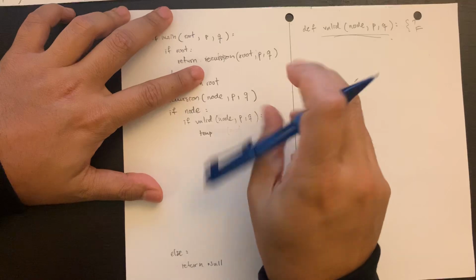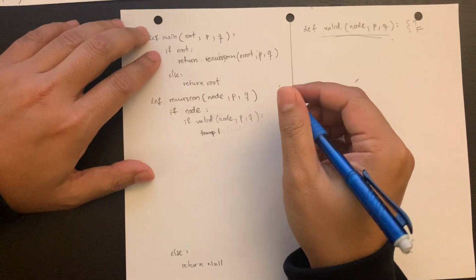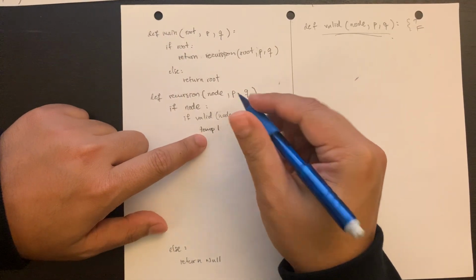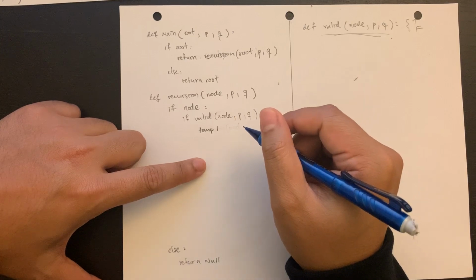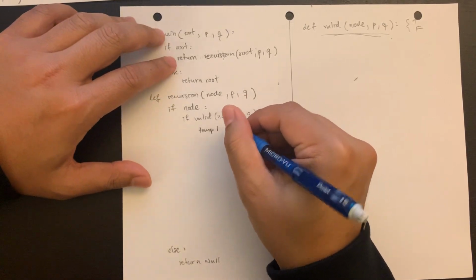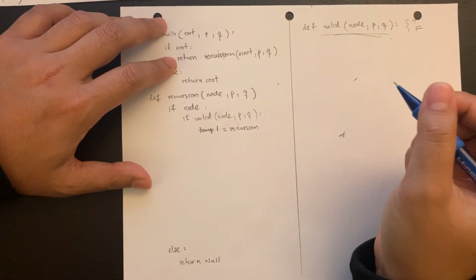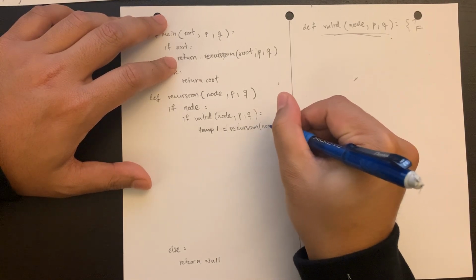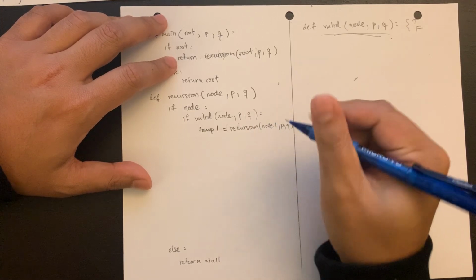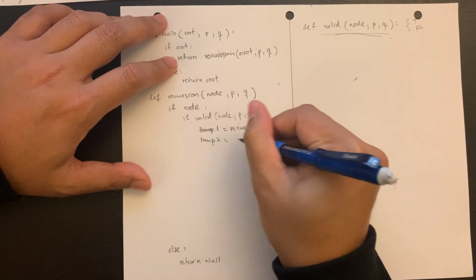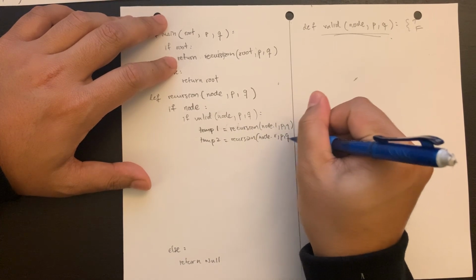Temp1 is recursion node.left P and Q. Temp2 recursion node.right P and Q as well.